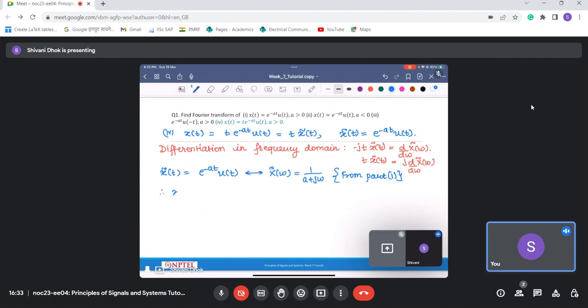Therefore x(t) is equal to t into x tilde t, so what we are having here is X of omega is equal to j times d by d omega of X tilde omega.